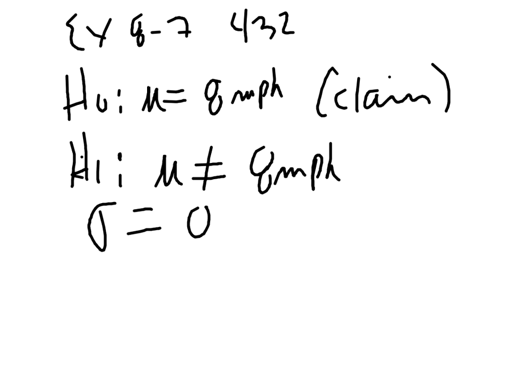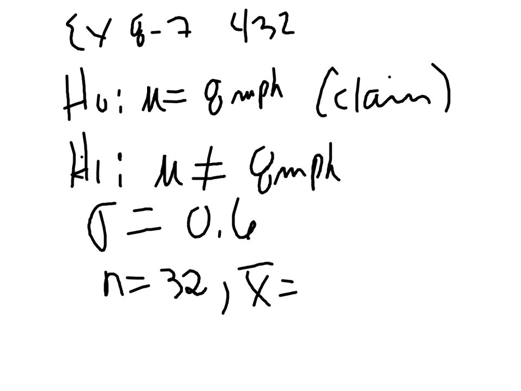Okay, we know that the standard deviation is 0.6 miles per hour. And we know that we took a sample of 32 days, and the average sample mean in this case was 8.2.